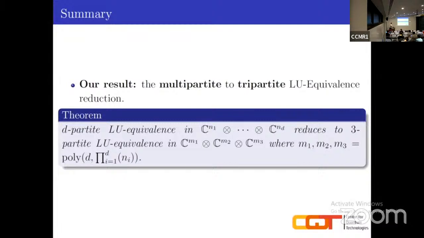And here the dimension blow-up is just polynomially bounded by the dimension of the previous multipartite quantum state.